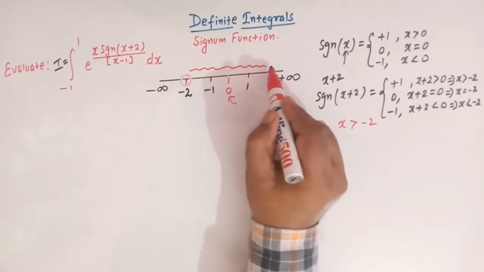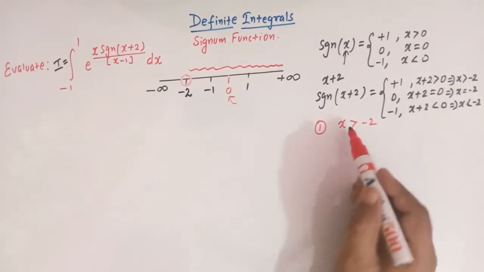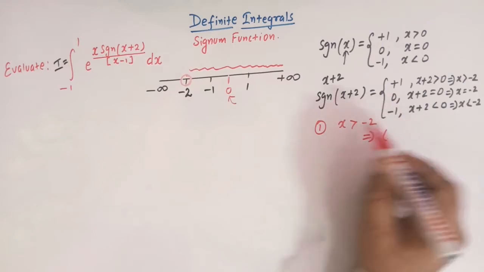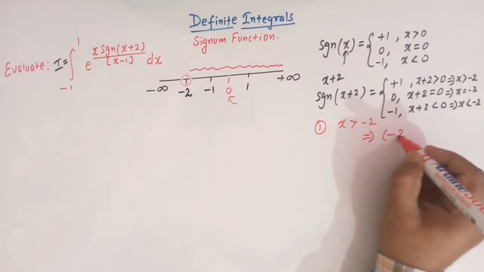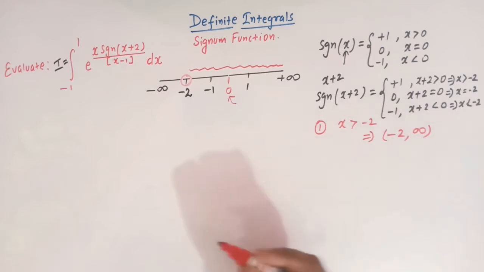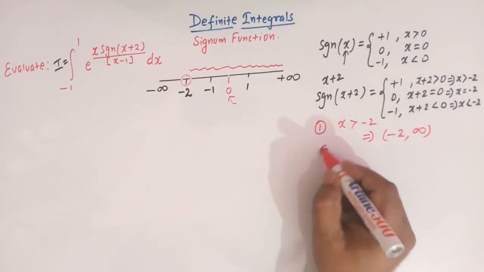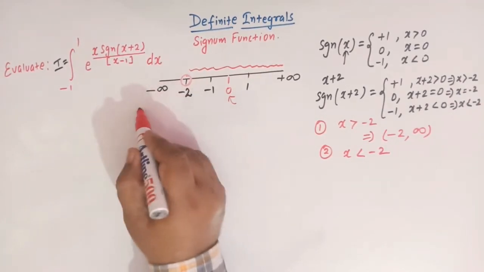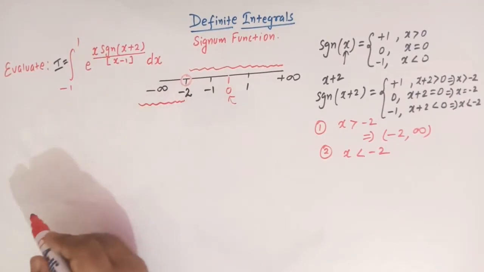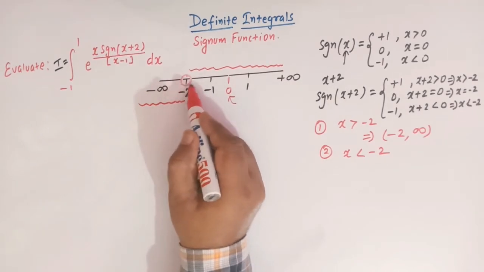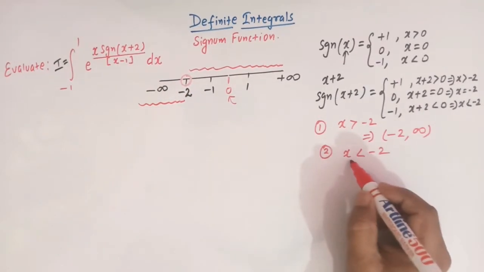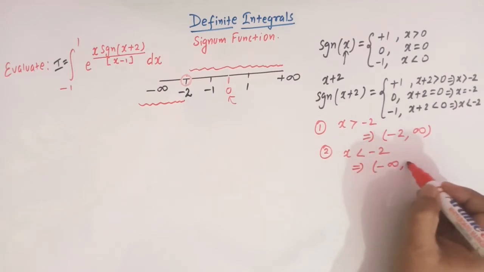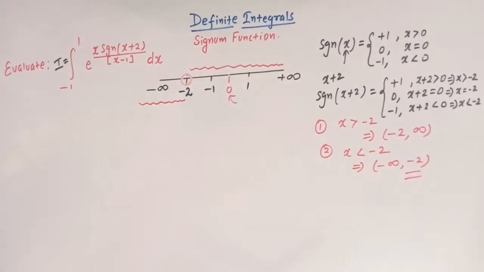This is an important point: x greater than -2 implies the interval -2 to infinity, right? The second one is x less than -2, and that is this interval. Here we will not include the point -2. So x less than -2 is the interval -infinity to -2, right?